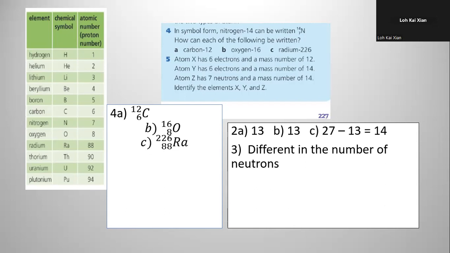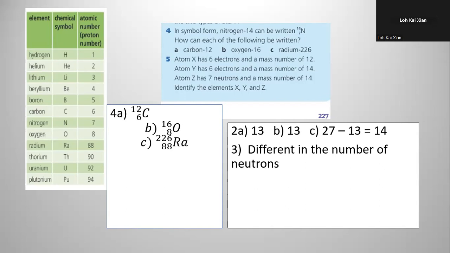Atom X has 6 electrons and a mass number of 12. Atom Y has 6 electrons and a mass number of 14. Atom Z has 7 neutrons and a mass number of 14. Identify the elements X, Y, Z. What is X?